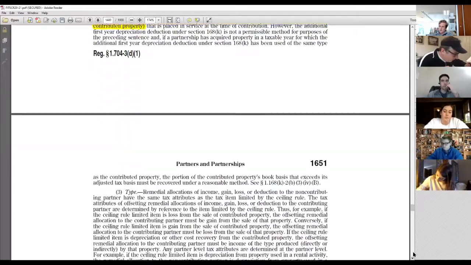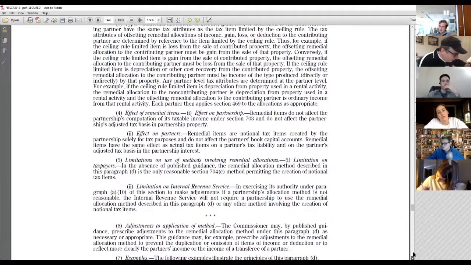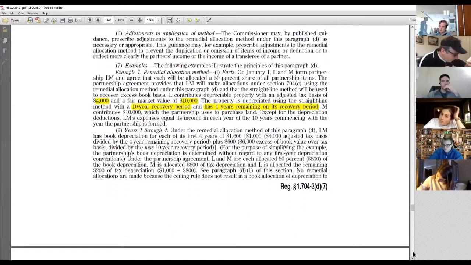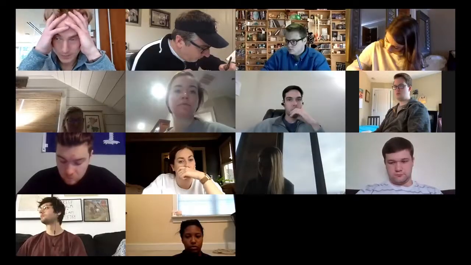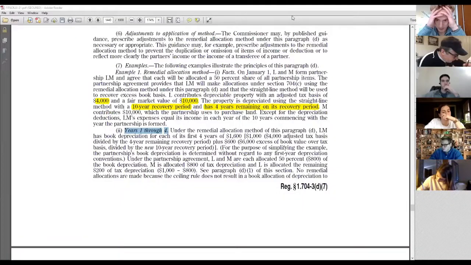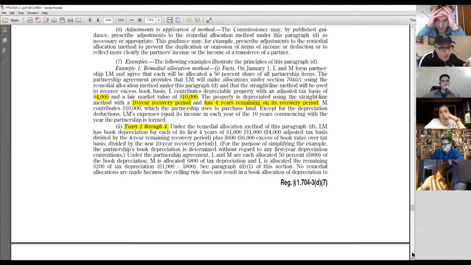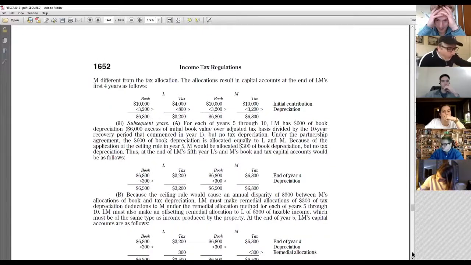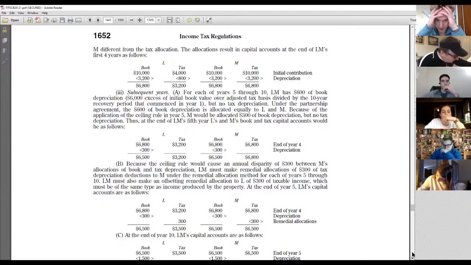So that is D7 example 1. Two little i's does years 1 through 4, which is what we just did. And then in 3 little i's, this is 5 through 10.